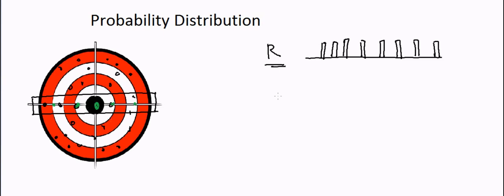So if I try to draw his probabilities, then it will look like this. Only one on the very left side, a little more on the medium left side.